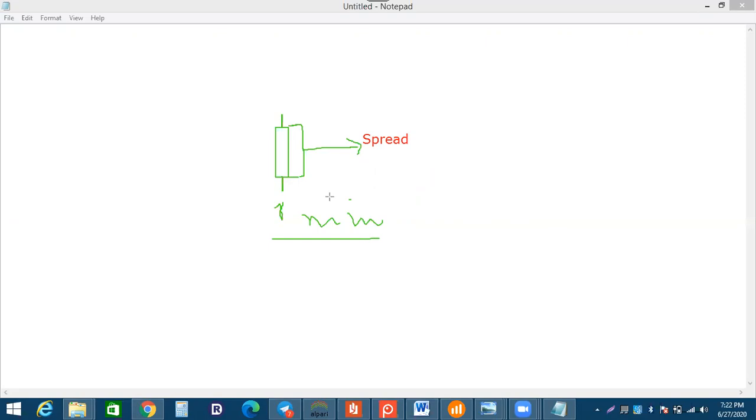This type of bar shows the volume. It means we have in the chart so many candles and so many of these bars. Each candle has one bar, because in each period the volume is traded. So if I'm taking this candle and this volume bar alone, it shows that in this period this volume is traded. So this we can say is a volume bar.